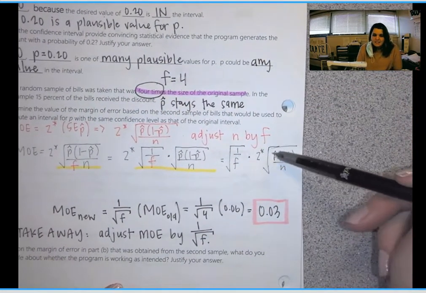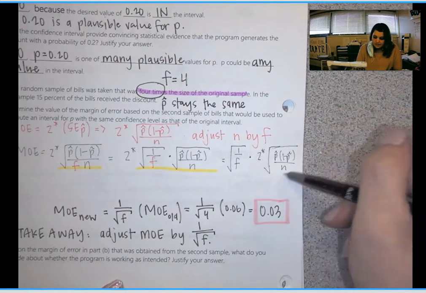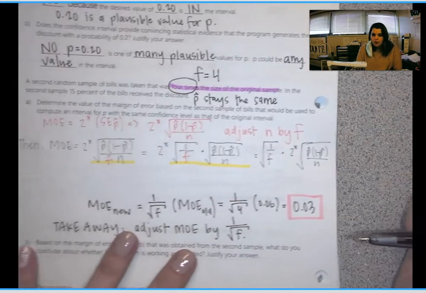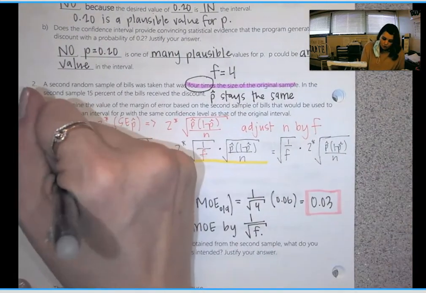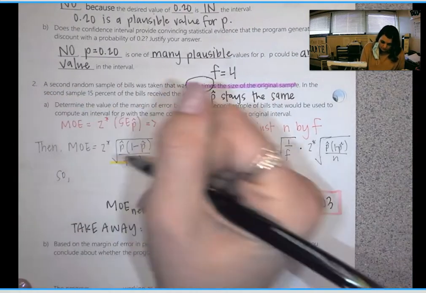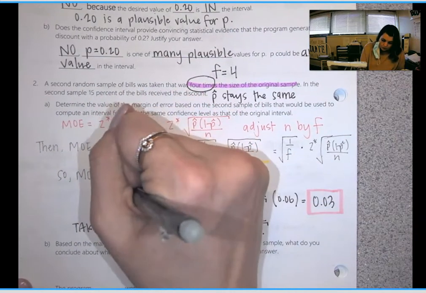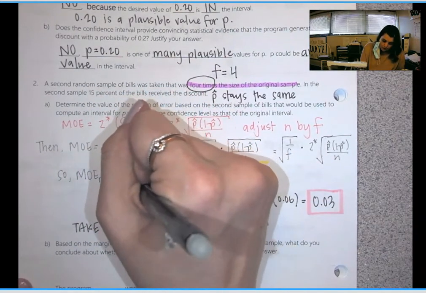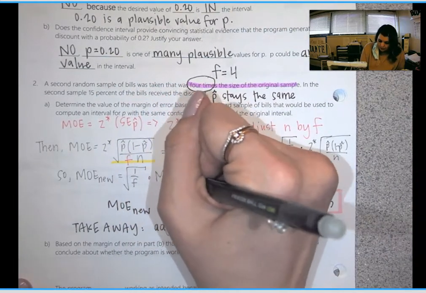But this is our old margin of error. This is just the margin of error that we already have. So MOE new is equal to root 1 over f times MOE old.